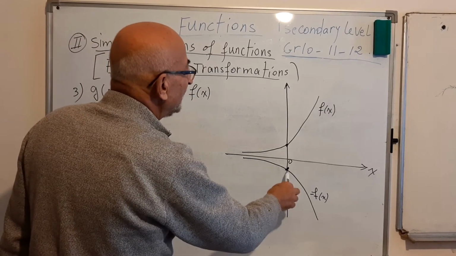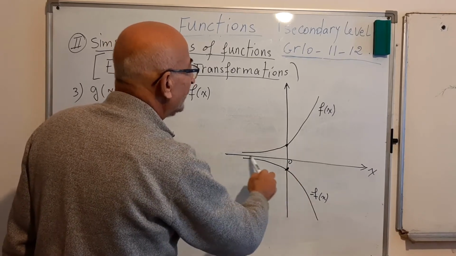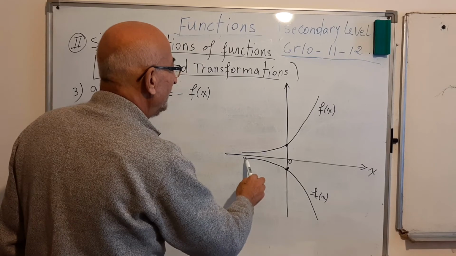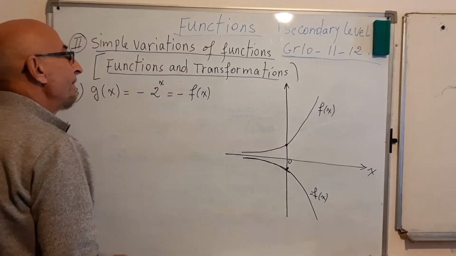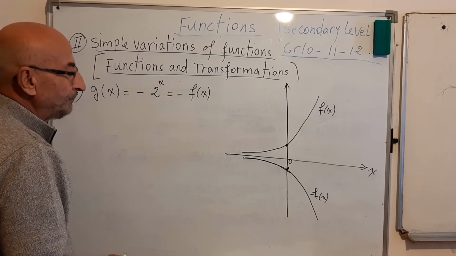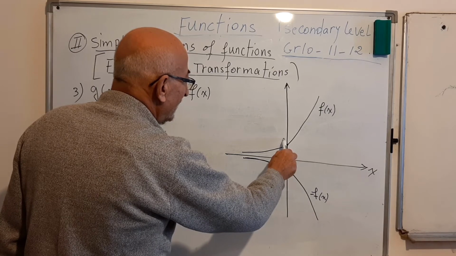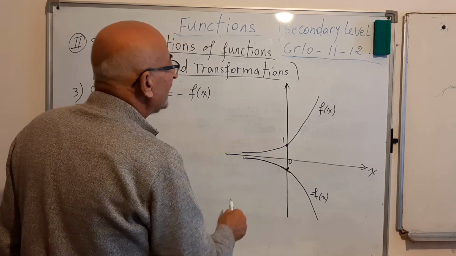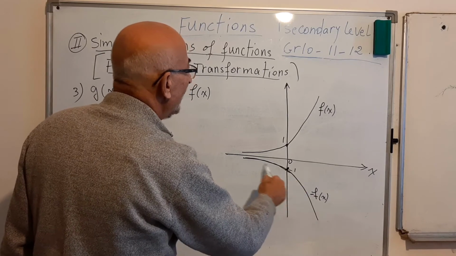So the graphs are symmetric with respect to x prime x. f of x passes through 1, minus f passes through minus 1.